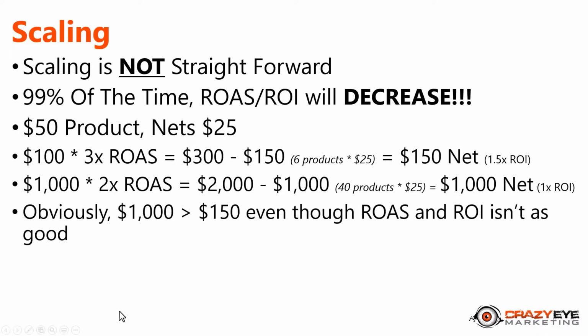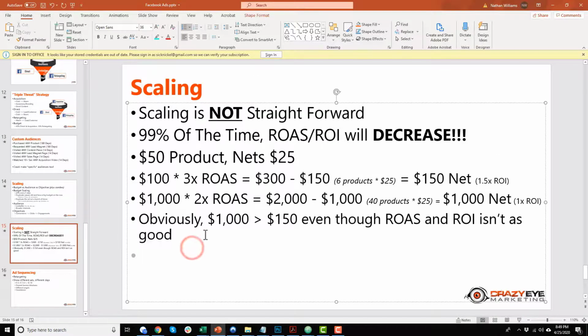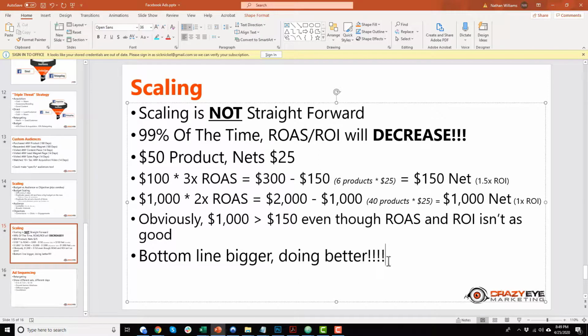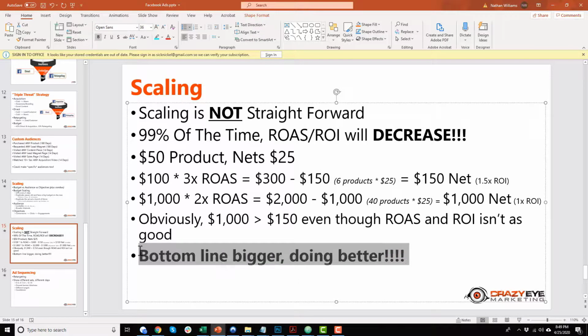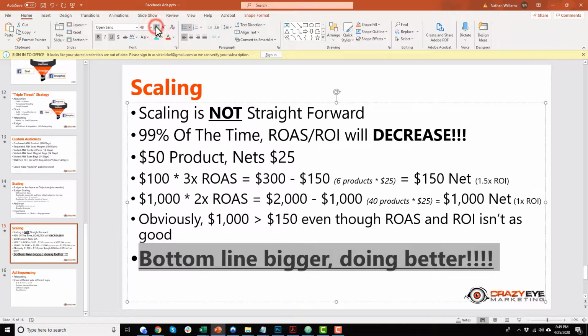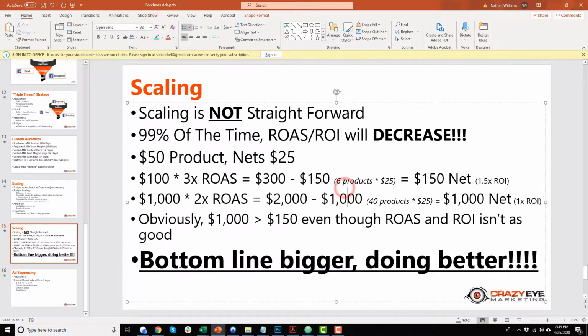Bottom line bigger, doing better. That's the key with scaling. Don't freak out when your ROAS and ROI get worse. If your bottom line is bigger, you're doing better. Your scaling is working, okay?